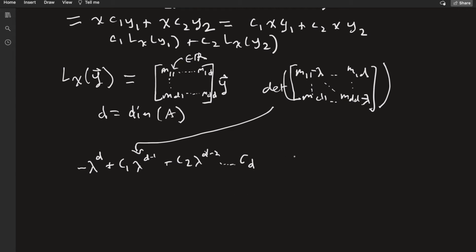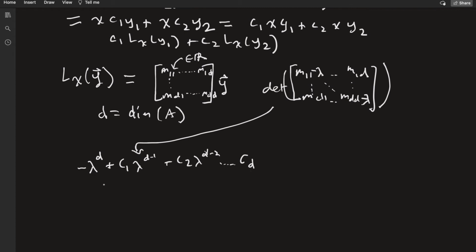It must be positive as lambda goes to minus infinity, and negative as lambda goes to infinity, so there has to be a point where it crosses 0.